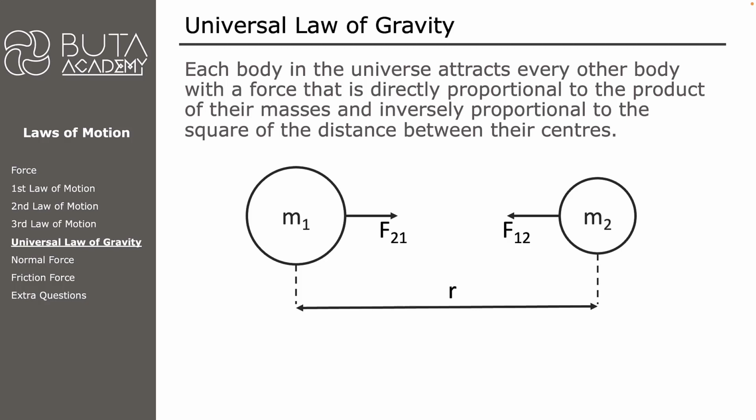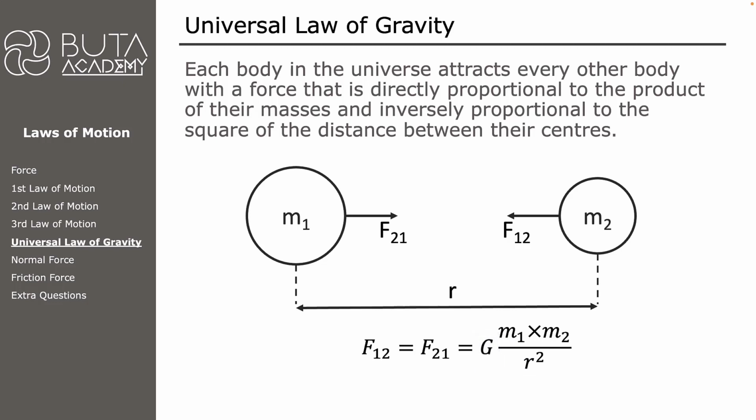We can calculate these two forces by using the formula on the screen. As we can see, forces are directly proportional to the product of the masses and inversely proportional to the square of the distance between their centers. In the formula, we have one extra parameter or proportionality constant, uppercase G. G is the universal gravitational constant.